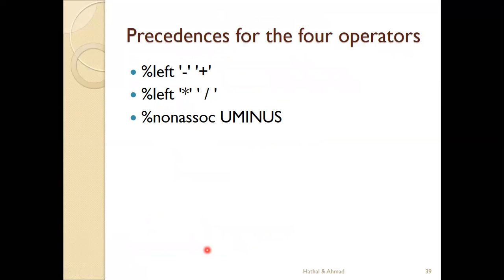Now, in order to specify the precedence for operators to avoid the conflicts that arise during the evaluation of expressions, Yacc provides the option to specify the precedence for the operators: the precedence for minus and plus, the precedence for multiplication and division, and the precedence for the unary minus.